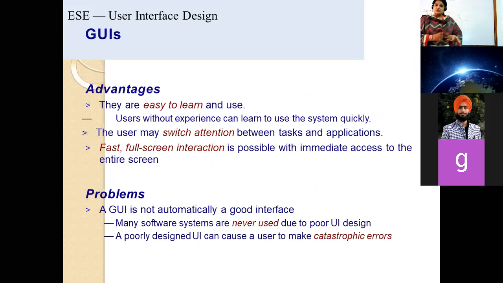They are easy to learn and use. A user without experience can learn to use the system quickly. The user may switch attention between task and application. In the case of a graphical user interface, fast full screen interaction is possible with immediate access to the entire screen, because you can see the screen.